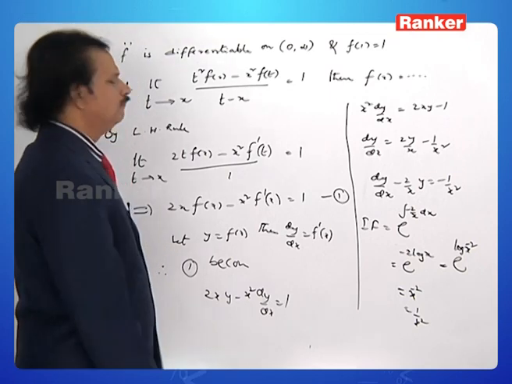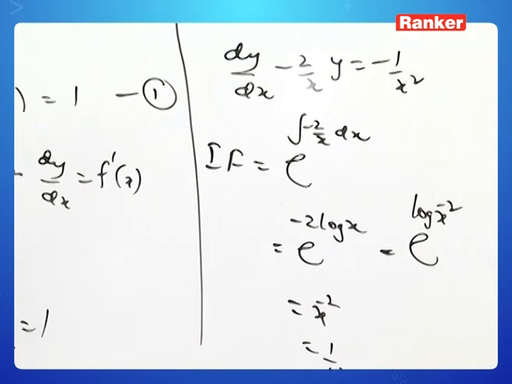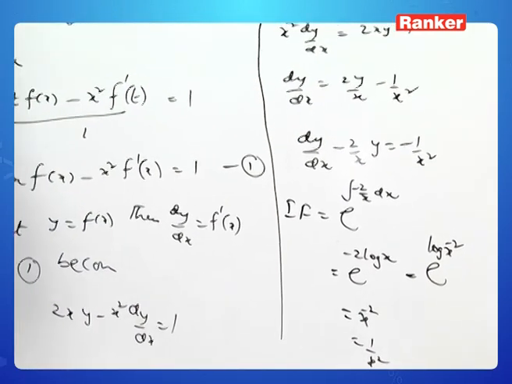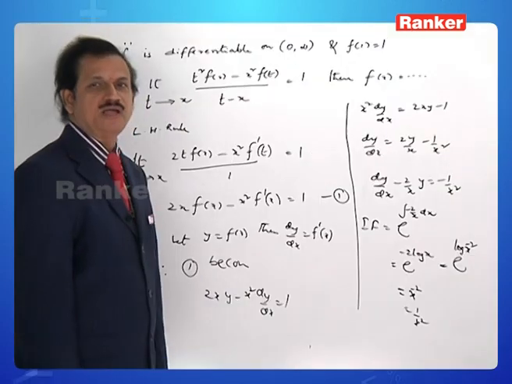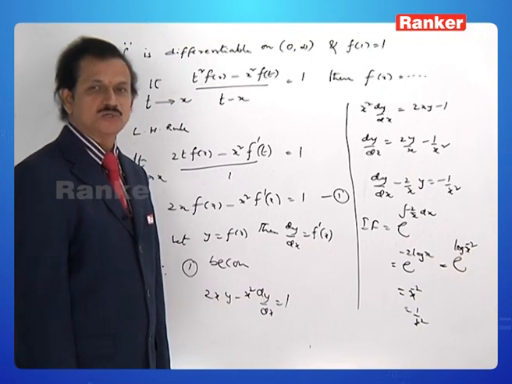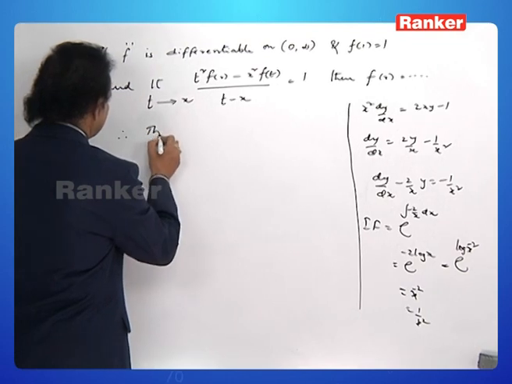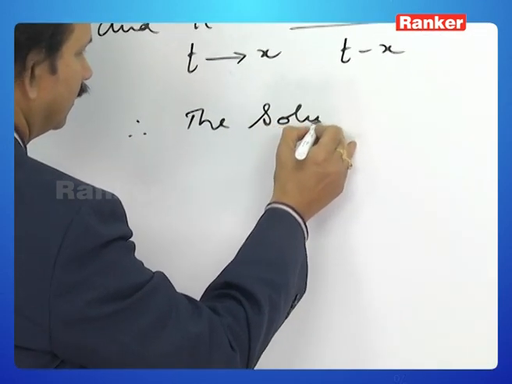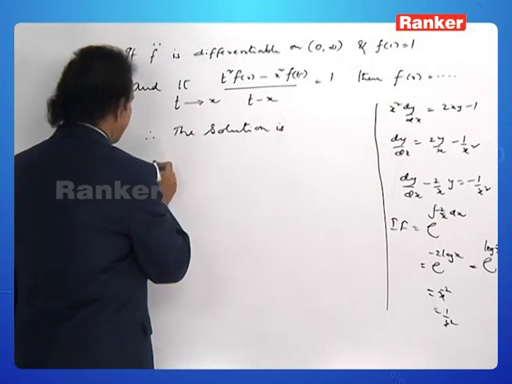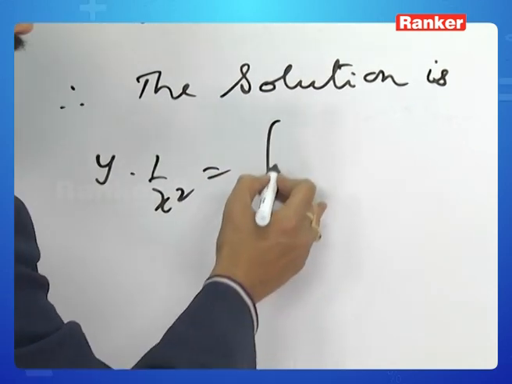Okay, we have almost reached the position of climax. We are just to have the solution. IF has been obtained. We want to have the solution, that's all. Let us now make use of the formalities of linear equations to write the solution. Therefore the solution is y into integrating factor is equal to integral of q.